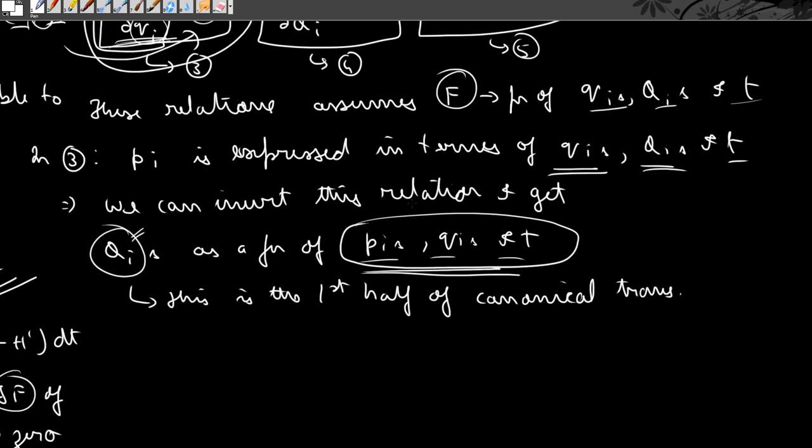That will give us a transformation which has to be canonical, because we can derive Hamilton's equations from these relations, and these Hamilton's equations will follow for any Hamiltonian you choose. That means it will be valid across all systems as well, and therefore this particular relation corresponds to one half of the canonical transformation equations.